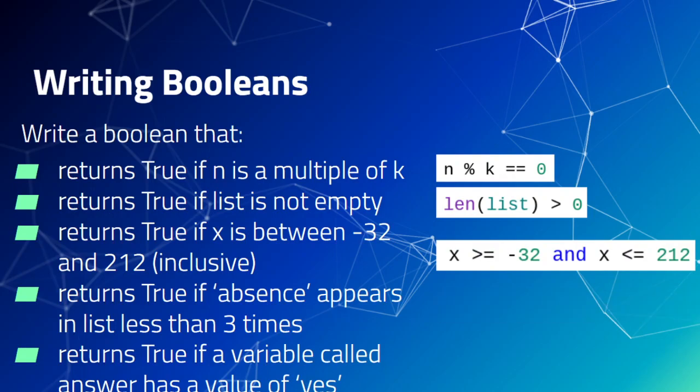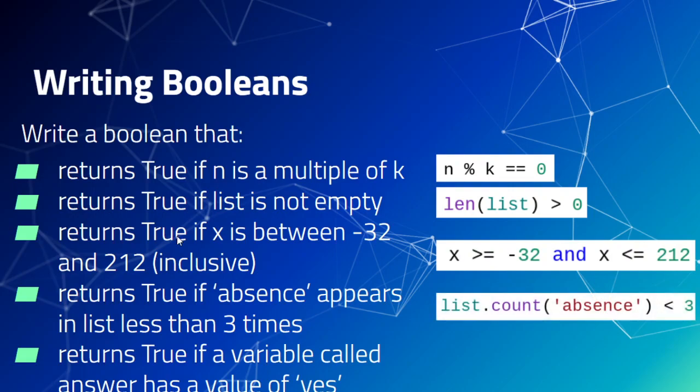Our next one: return true if the string absence appears in some list less than 3 times. One hint for this one is the count method that we looked at with lists. You can pause the video and give it a go. Alright, so we'd have to use the list since it's asking for a list, and we're using the list method count because we want to see how many times absence appears in the list.